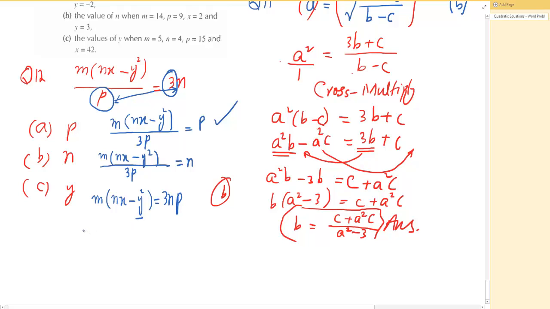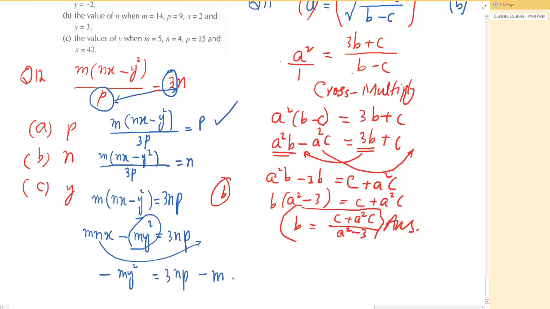So expand this. And where is y? The y is in this term. So bring this term over here. It is minus my square. This will be minus mnx, and divide with this minus m.